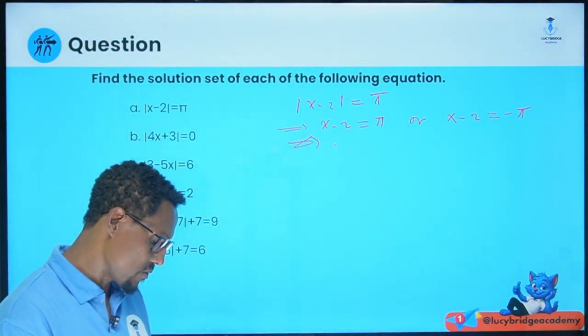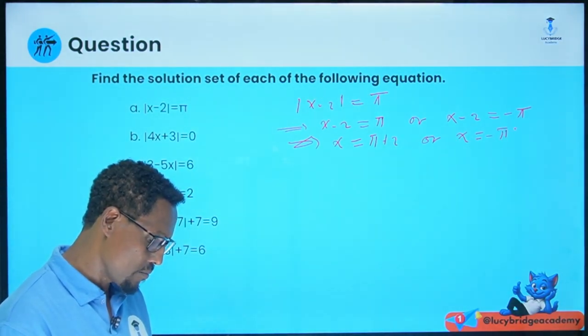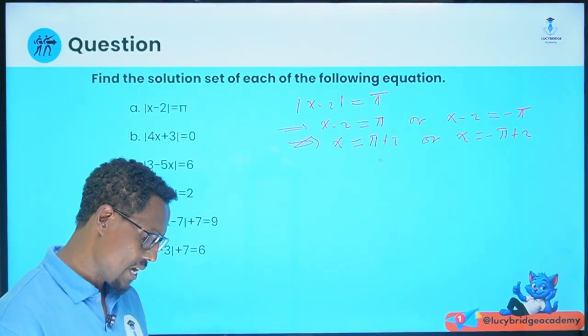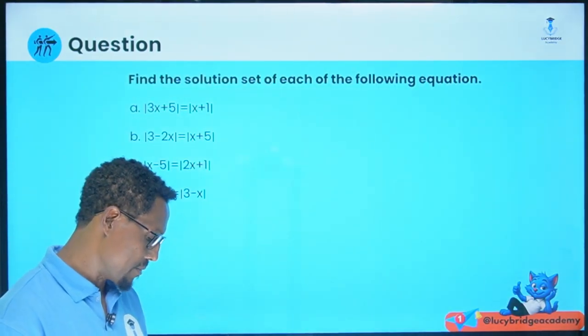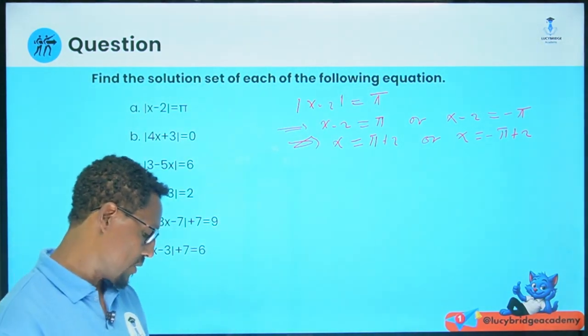This implies x is equal to pi plus 2, or x is equal to minus pi plus 2. So the value of x is either pi plus 2 or minus pi plus 2. This is A.